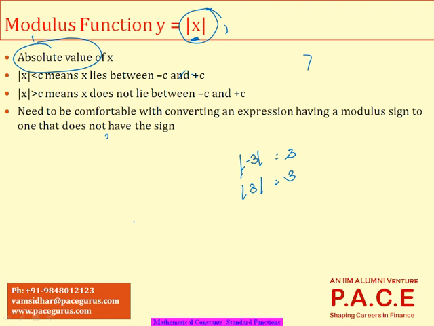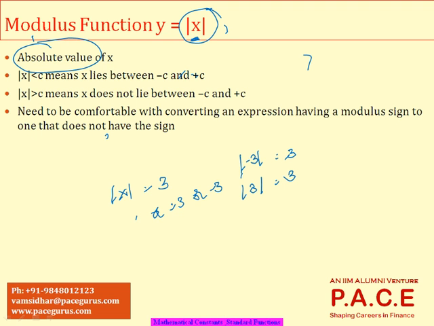So when I say mod x equal to 3, it means x could have been either 3 or even minus 3 also, because mod minus 3 also is equal to 3, and mod 3 is also equal to 3. So whenever someone makes a statement mod x equal to 3, then x is actually having two possible values, minus 3 as well as plus 3.